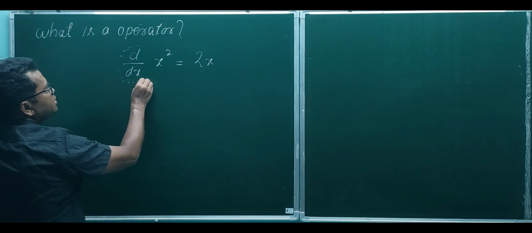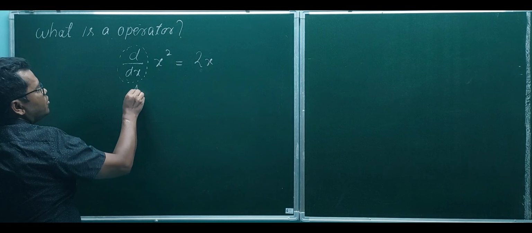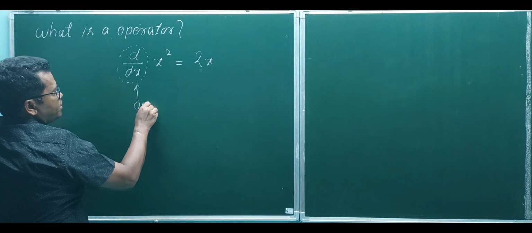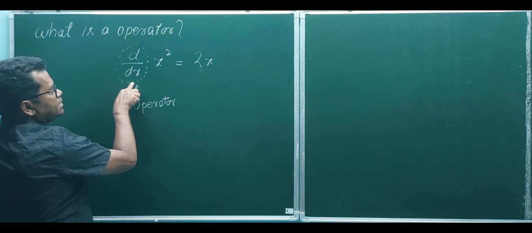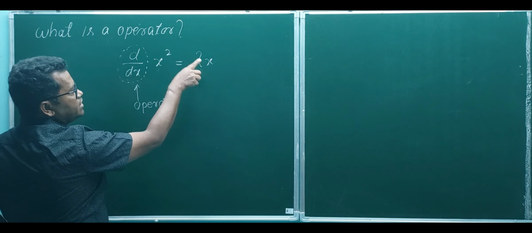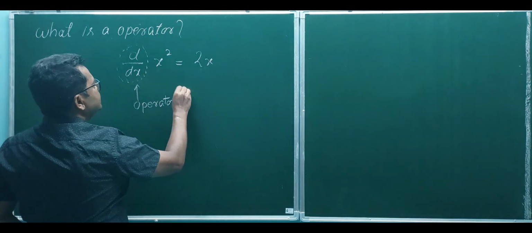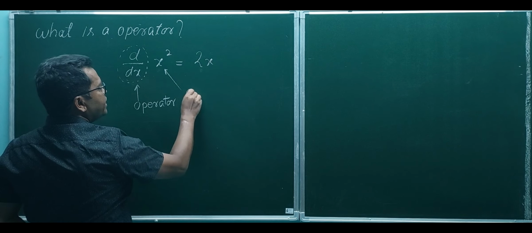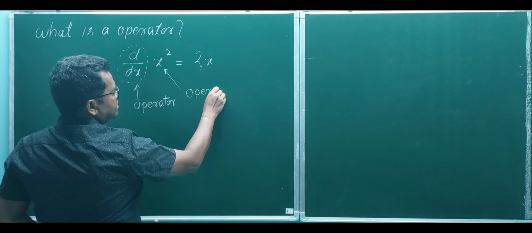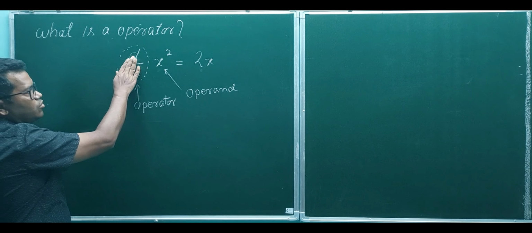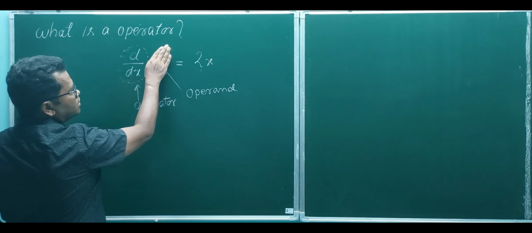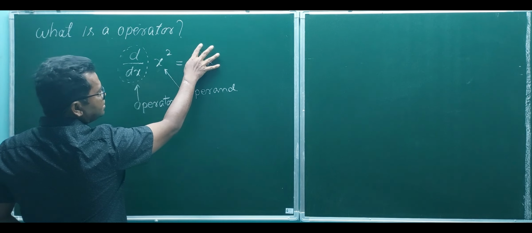Therefore, this mathematical rule is an operator, because this operator changes this function to a new function, and this function is called operand. That is, it is the mathematical rule which changes one function to another function.